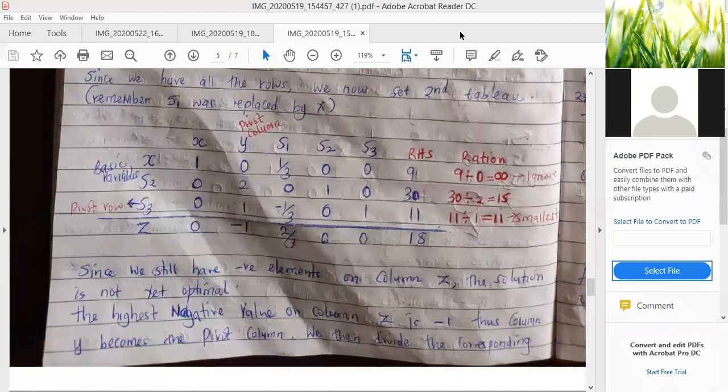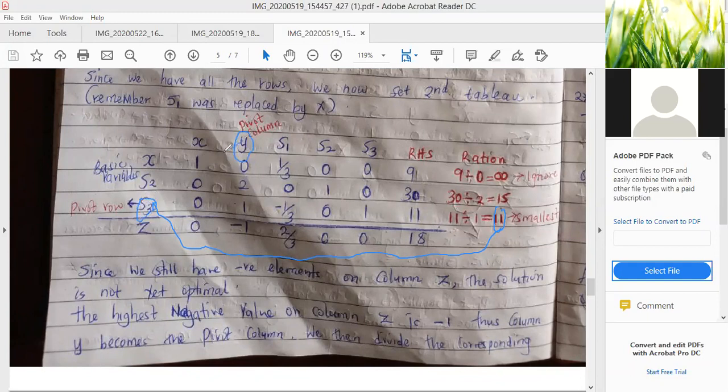This being our smallest, this 11, it is the one that has made me now to make a conclusion, class, that the S3 is my pivot law. The pivot column, which is my Y here, gives me the entering variable, and the pivot law here, which is my S3, becomes my leaving variable.